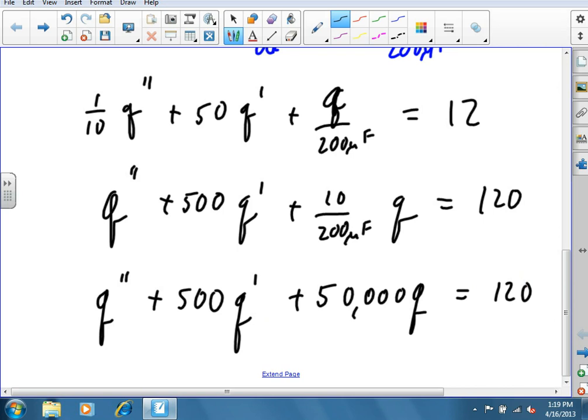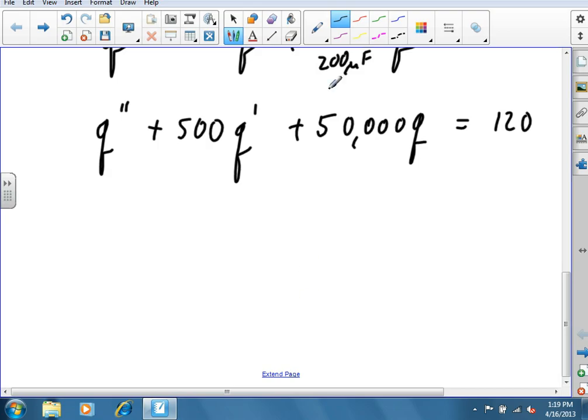Alright, and I'm trying to find an equation for I. So if I solve for Q and then take the derivative of Q, I will have my answer for I. Okay, I have an initial condition? No, I don't have any initial condition. So turn the page, make sure I don't have an initial condition.